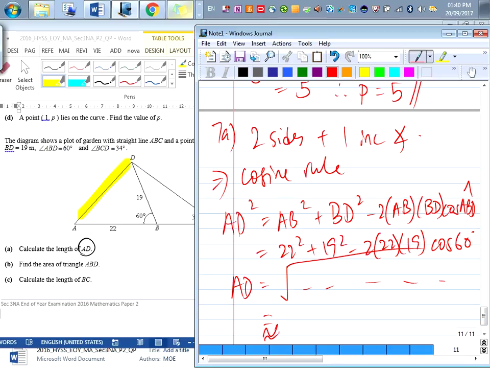AD will be equals to 20.7. No 90 degrees, no Pythagoras. Cosine rule doesn't require 90 degrees. Cosine rule can be applied for any triangle. Just like our sine rule. There's no tangent rule. Okay?